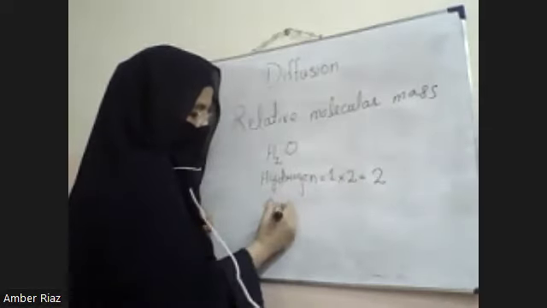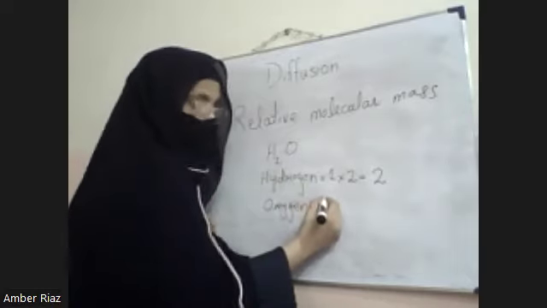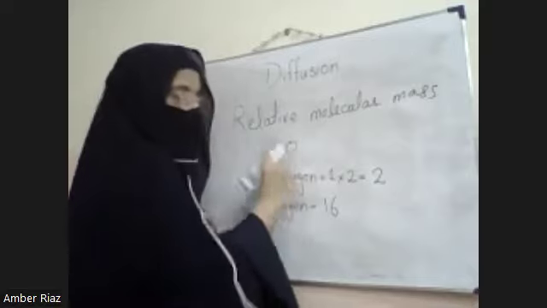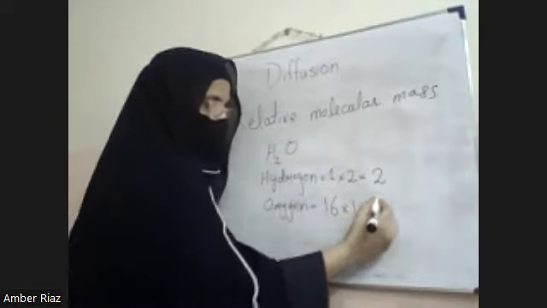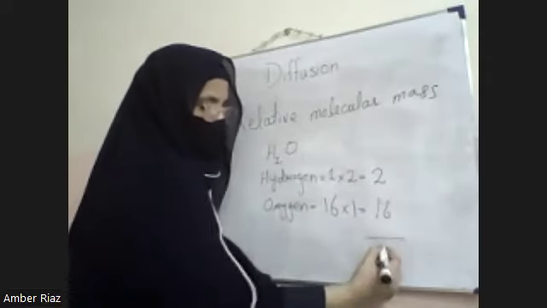Now oxygen. The atomic mass of oxygen is 16, but there is only 1 atom of oxygen, so we will multiply it with 1: 16. Now we sum up: 2 plus 16 is 18.